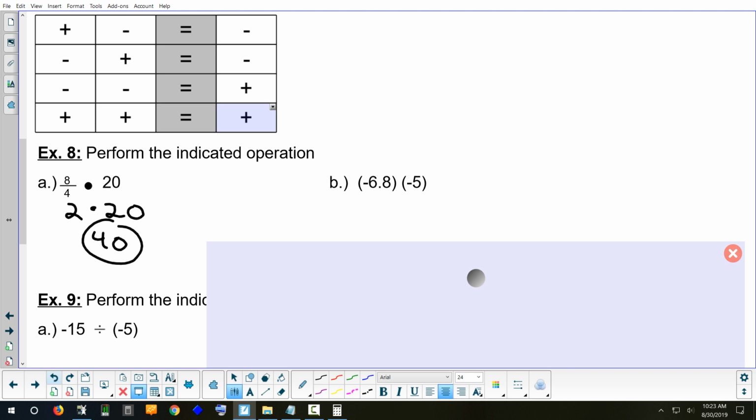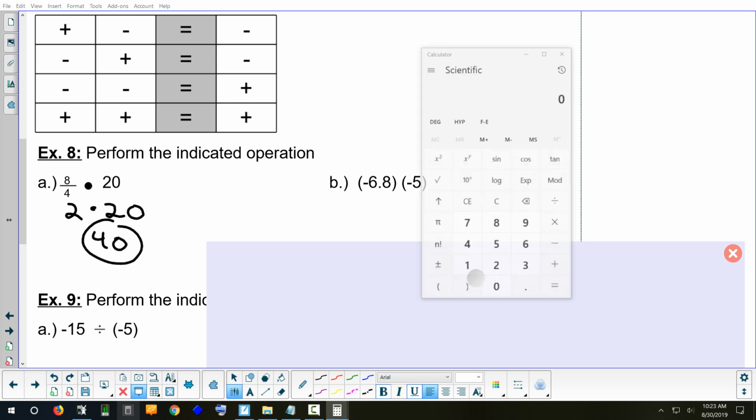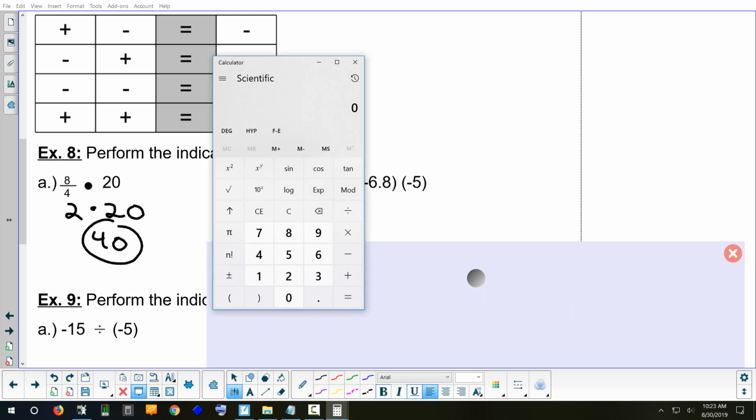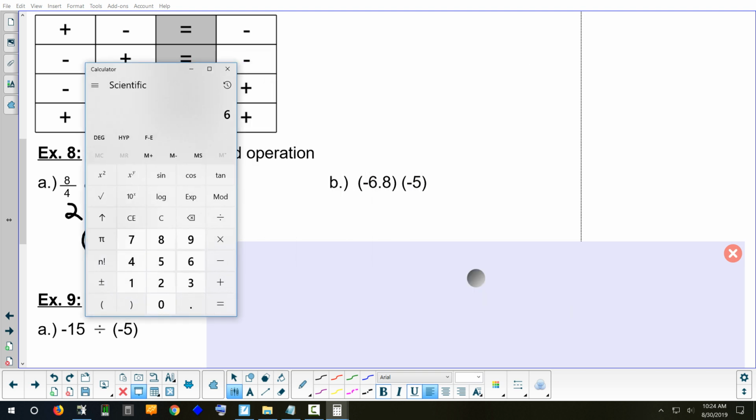All right. Now, B, that's one I might use a calculator for. But the first thing I should be able to figure out is the sign. It's a negative times a negative. So what's the answer? What's the sign? It's going to be a positive. So on my calculator, let's type in 6.8, and we can put in negative, times 5, make it negative.